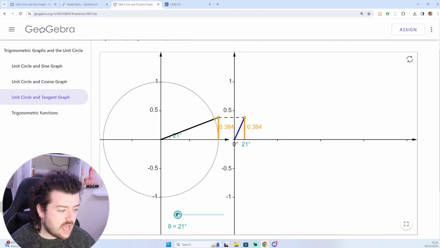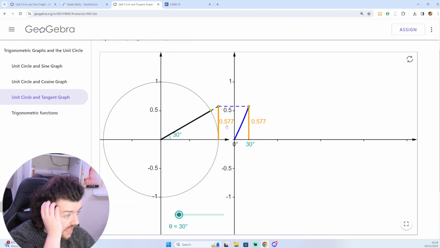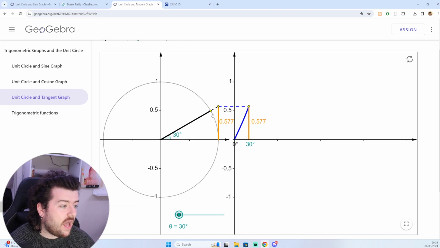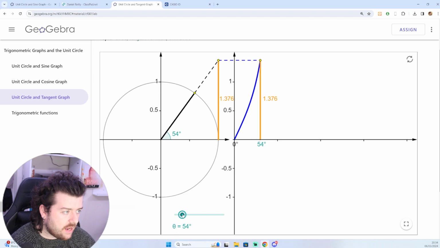So let's do tan 30. It's going up normal. That's fine. I found that the vertical height here divided by this is equal to 0.577. Let's keep going. Now, you see my graph is shooting up, right?